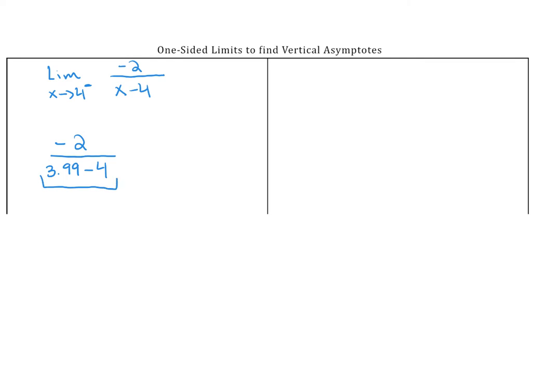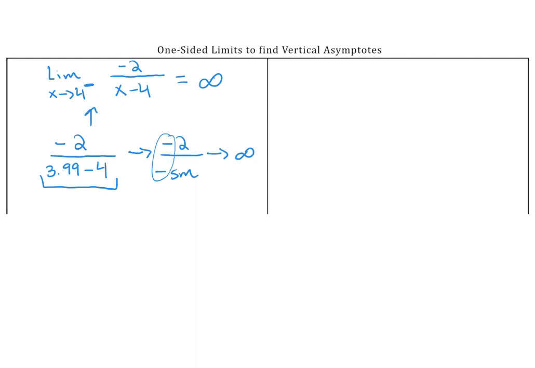This is going to give me a very small but negative number. So negative 2 over a negative small. Negative divided by negative is going to flip to positive. So that will approach positive infinity from the left. We only have to consider the one side because it was just a one-sided limit.